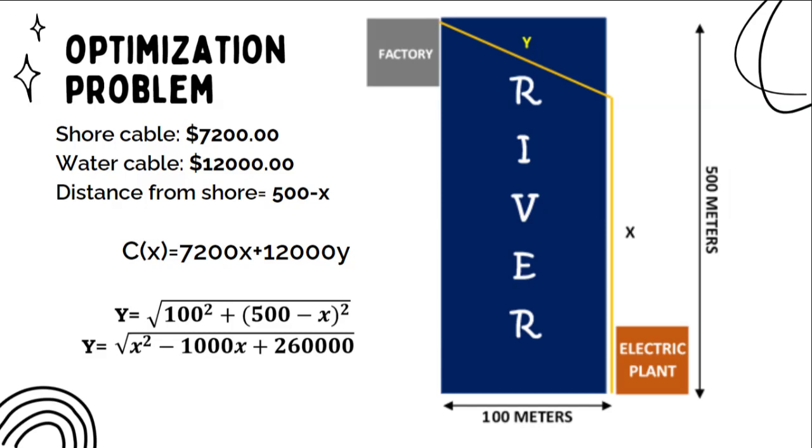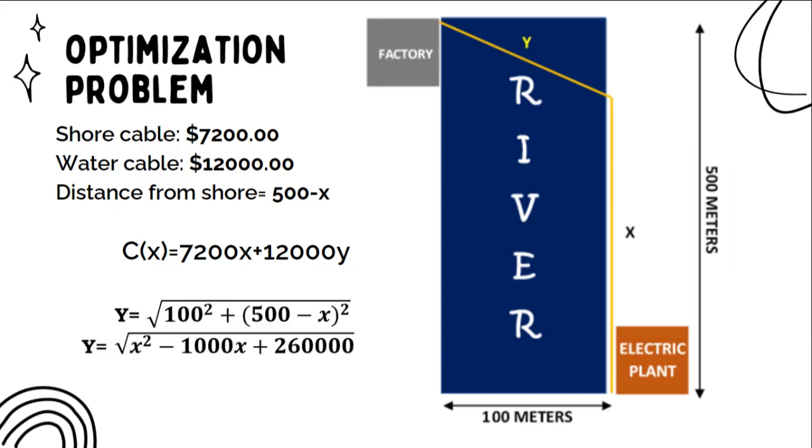The problem is that an engineer needs to build a cable, but the cable cost changes depending on the part of the river. The short cable cost is 7,200, and the water cable cost is 12,000.